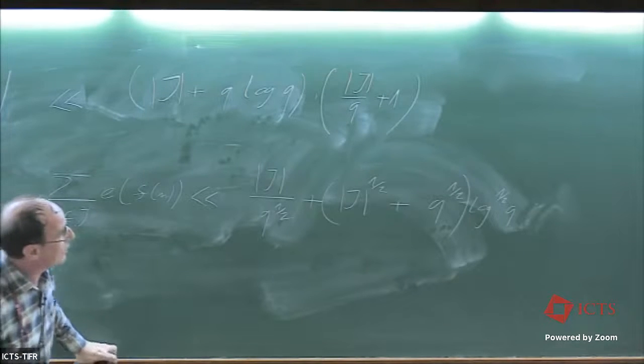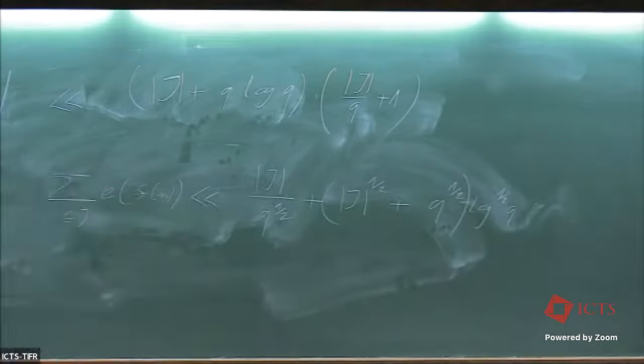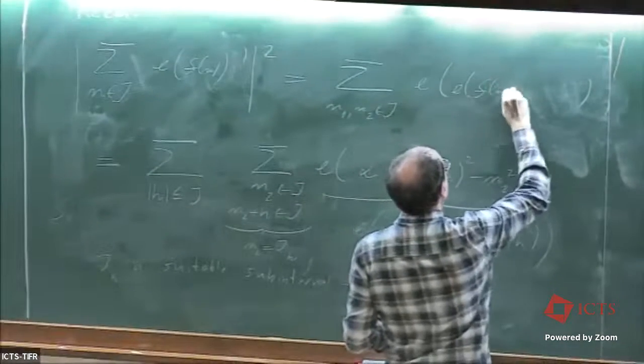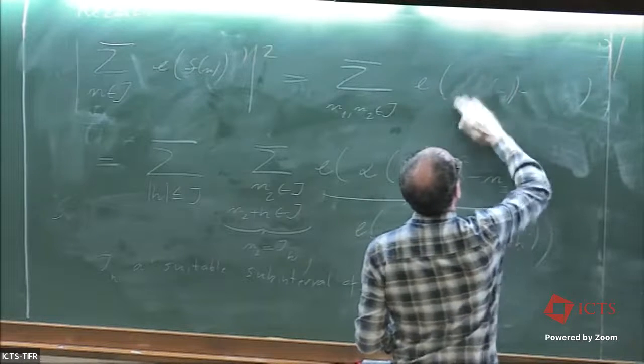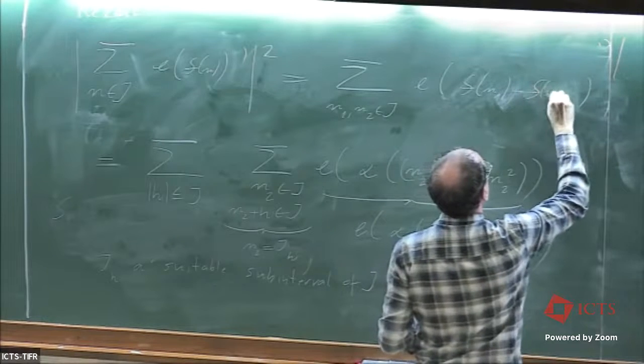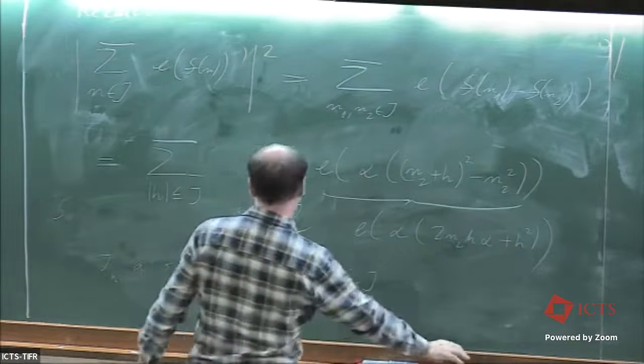Now let's see what happens if we have general exponential sums of this form and apply that idea. In that case, we replace the function here by e(f(n)). So then that turns into e(f(n1) minus f(n2)), and you use the same change of variables.